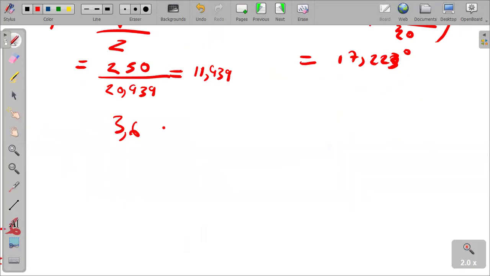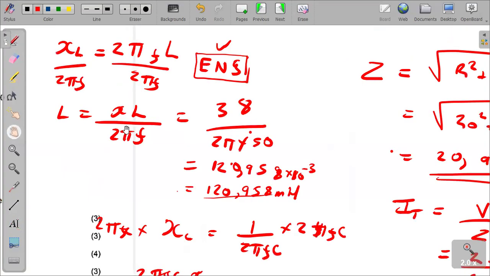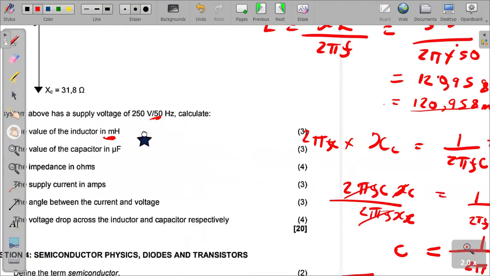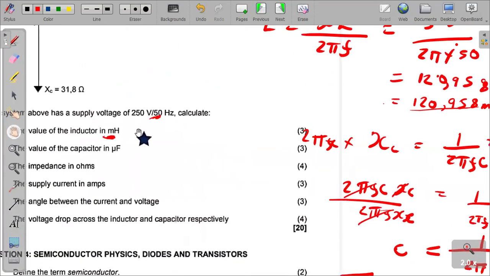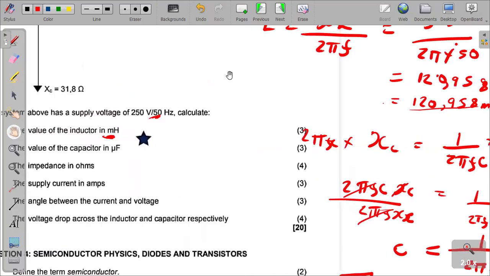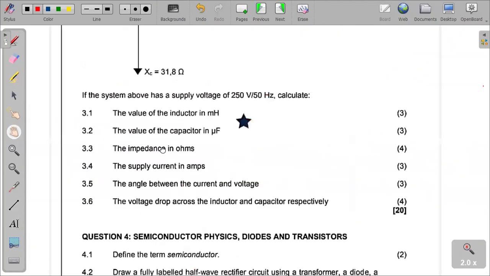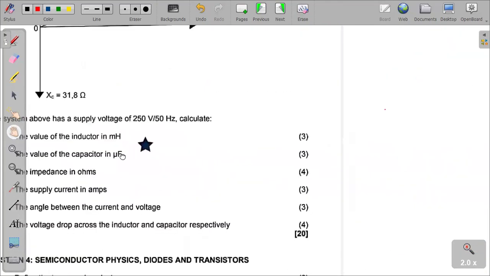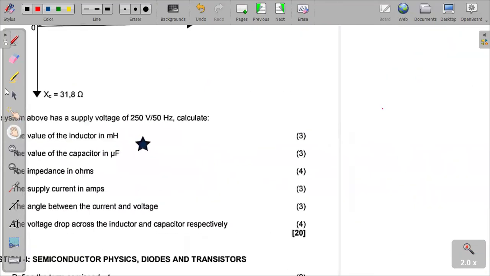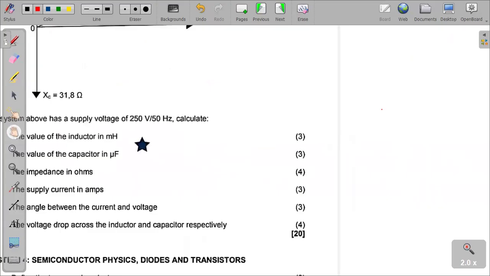Okay, 3.6. The question is now saying calculate the voltage drop across the inductor and the capacitor. So we start with the voltage across the inductor first. VL is going to be given by the series circuit.